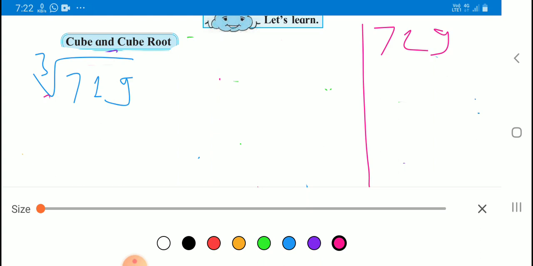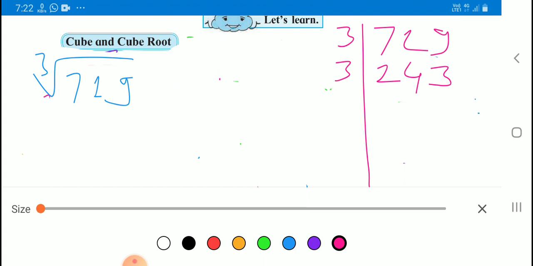729, it is divisible by 3. So I will write here 3. 3, divide this number and write the answer here. 3 2s are 6. Okay, 1 carry 3 4s are 12 and 3 3s are 9. Okay, again this number is divisible by 3.